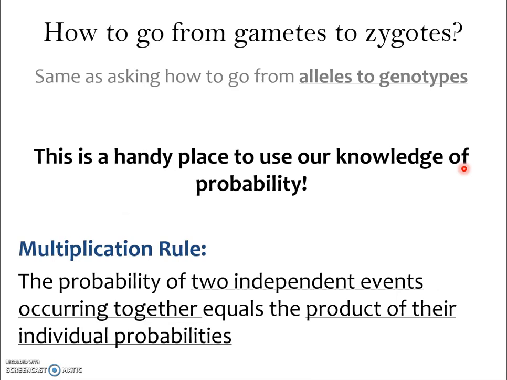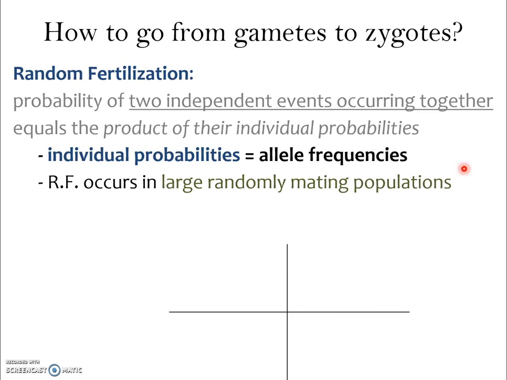Okay, yay, the multiplication rule. Just a reminder, this multiplication rule says that the probability of 2 separate things both happening is equal to the product of the independent probabilities of those 2 things. So the likelihood of flipping a coin twice and getting heads both times is 1/2 times 1/2. All right. So random fertilization means that the identity of the first gamete is independent of the identity of the second gamete.